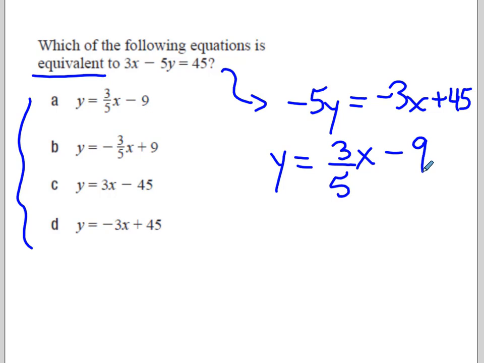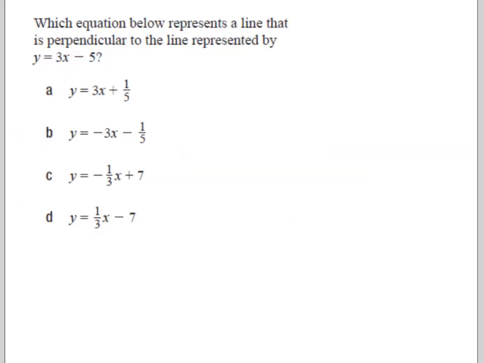And now we can come over to the multiple choice answers and compare. So I can get rid of C and D pretty quickly. Now I'm looking at A and B, and I want to just double check my signs. So it looks like A has a positive slope and a negative y-intercept. There's my answer.